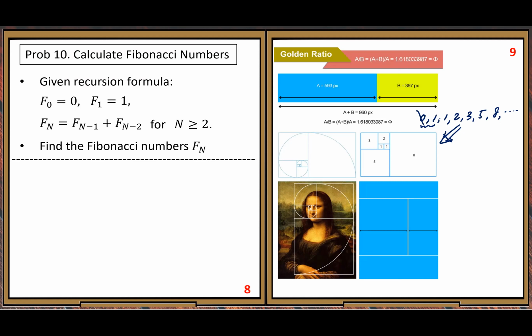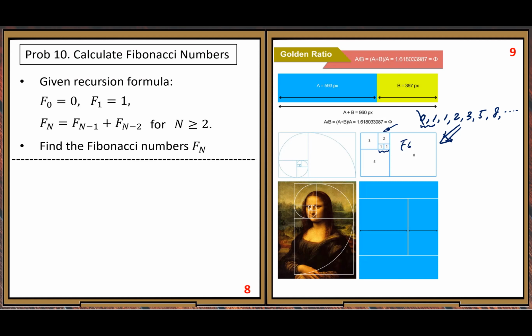Then we use 1 to make a square with side length 1. So that's F1. F2 also 1. So we place here F1, F2, right? Then F3, a square with side length 3, 2, we arrange in this kind of fitting way. Then F4, F5, and F6 here.